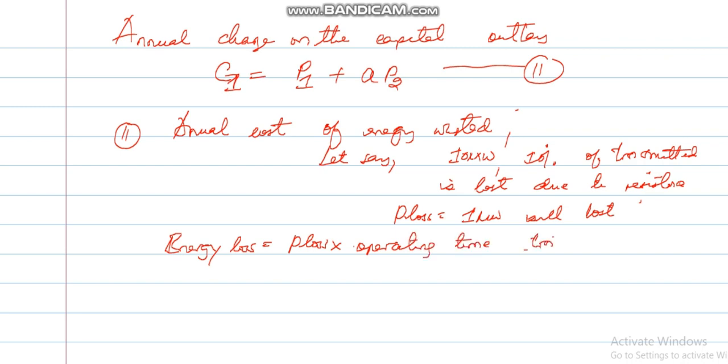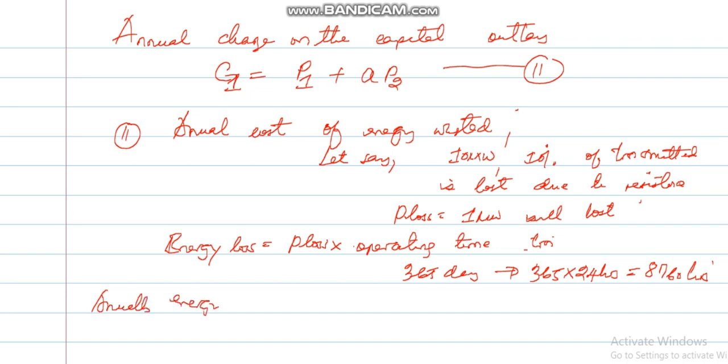Kwa vile ni annual, operating time itakuwa 365 days, ambapo sasa tunaweza kusema 365 mara 24 hours, hours of the year. Tunapata ngapi hapa? 365 mara 24, sasa tunasema 8760 hours.